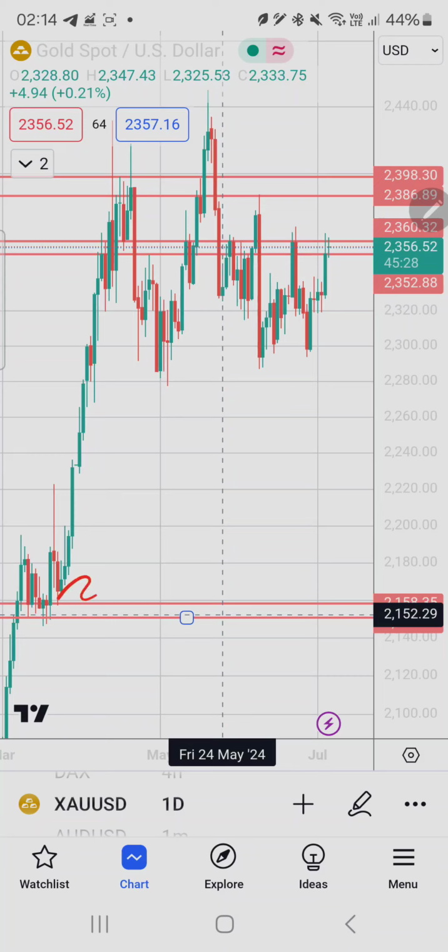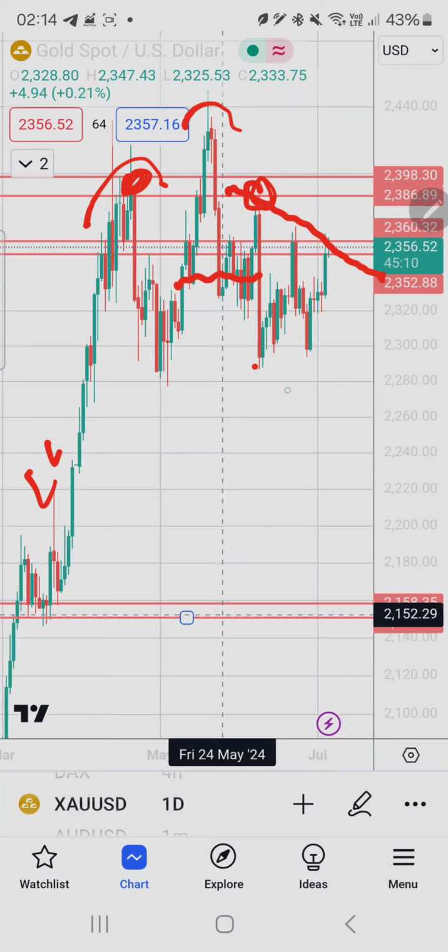What do you see? The left leg. The market broke the resistance. This was our sell area. The market retested, it went down. Now the market is still retesting this area. What are we going to do? We are going to make a trend line.